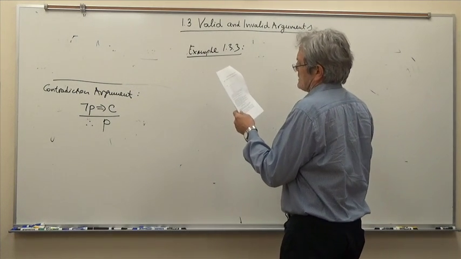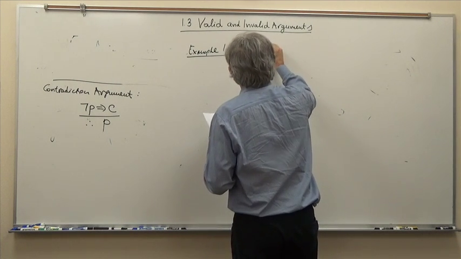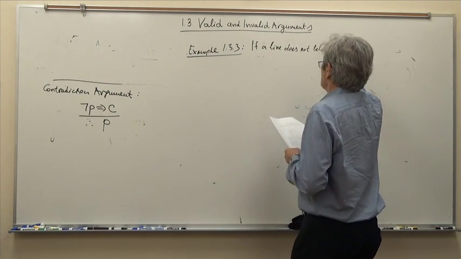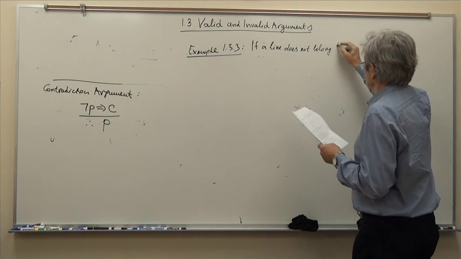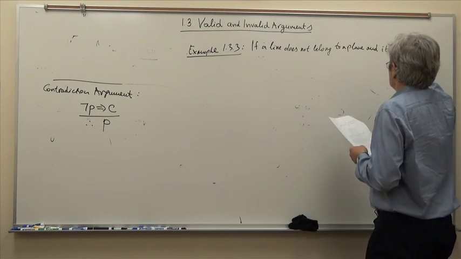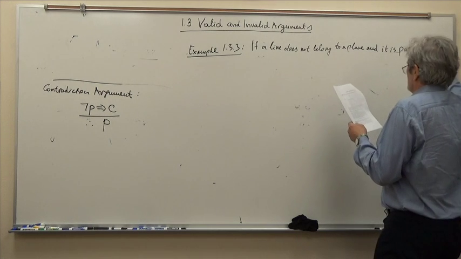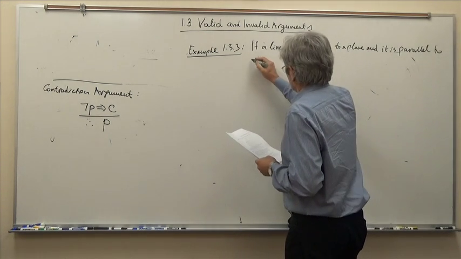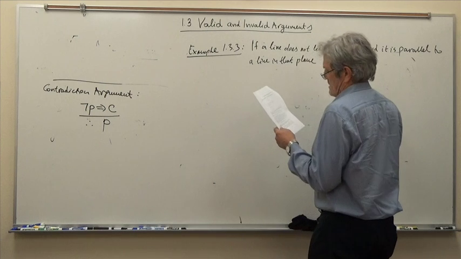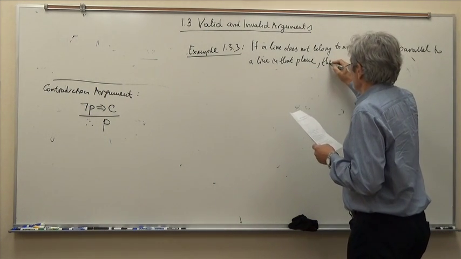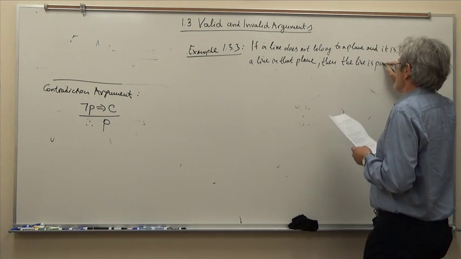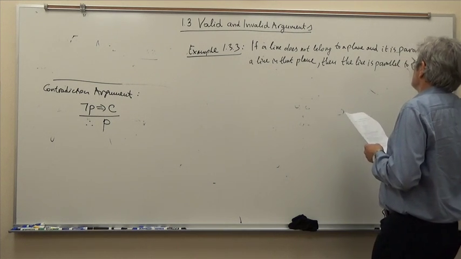It says the following: if a line does not belong to a plane and it is parallel to a line in that plane, then the line is parallel to the plane itself.